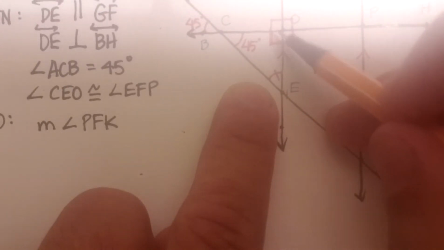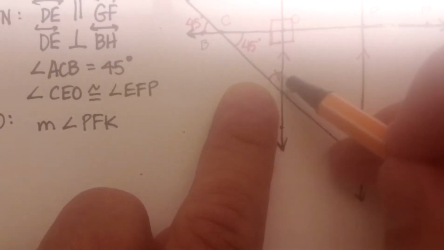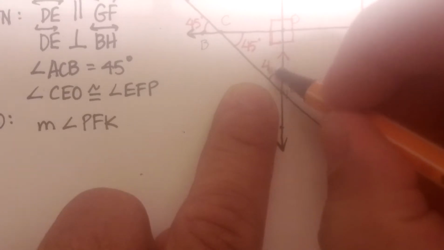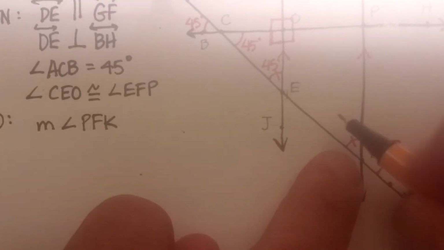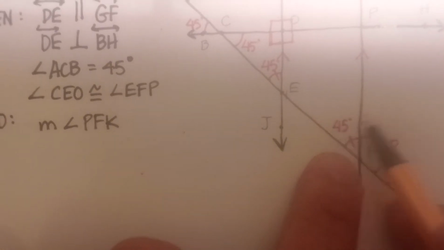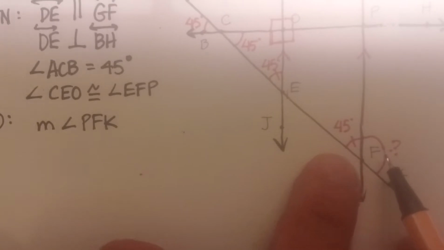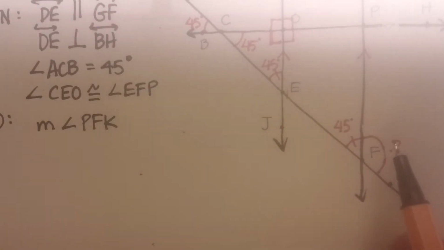If that's 45 and that's 90, then this has to be 45 as well. If that's 45, that means that this one's 45. If that's 45, I can add it to this one and get 180. So that's how I'm going to proceed and show this proof.